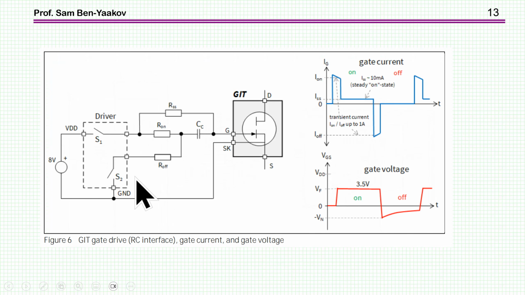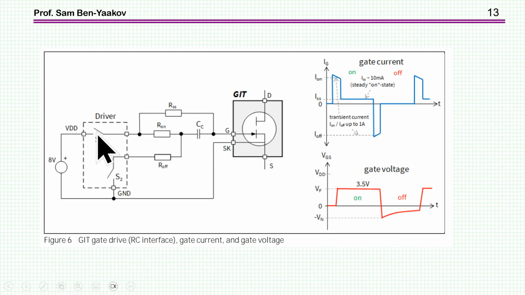A little more sophisticated approach would be to use a driver that has two outputs rather than a single output of the half-bridge driver. So we have the switch of the upper transistor and the switch of the lower transistor. And what is really happening here is that when this switch is on, turn on, we have this current going through this transition, going through this path here into the gate.